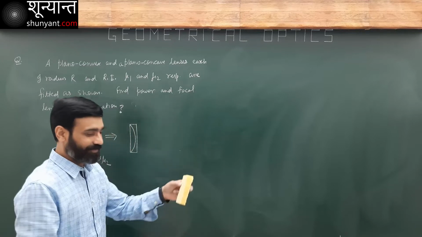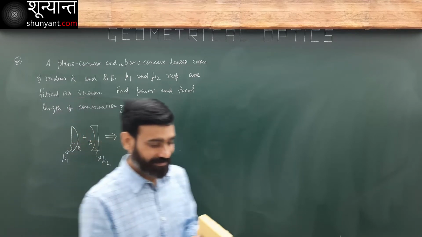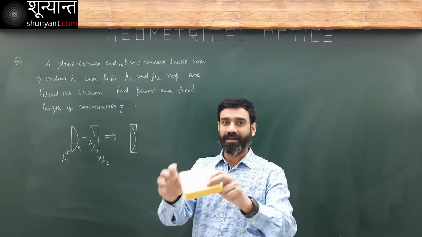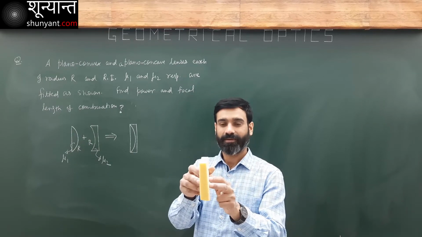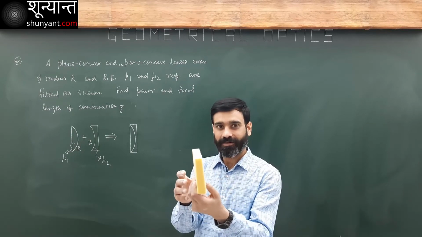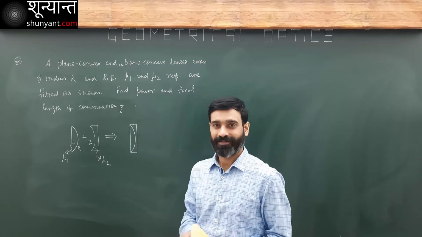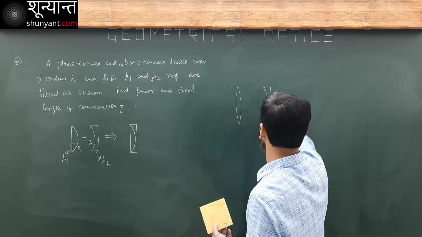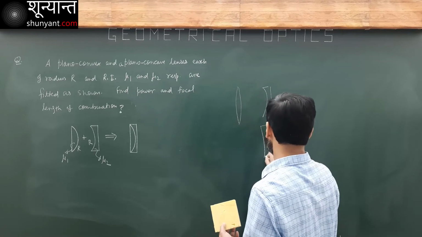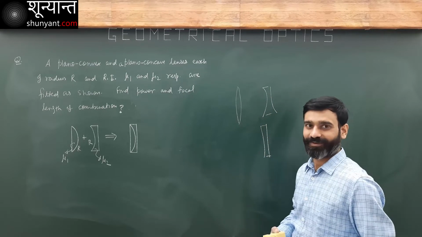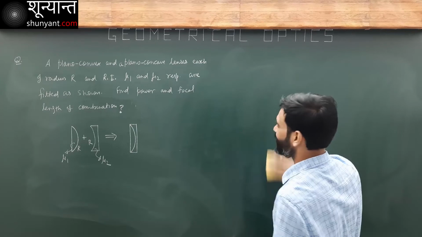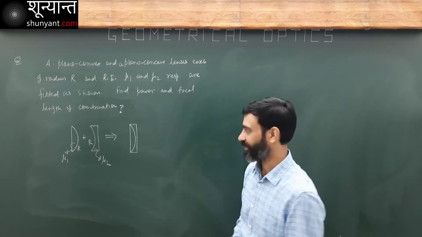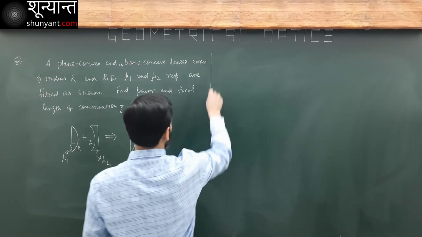Can you imagine this? I have this glass slab, and it acts like a lens. You see, a lens does not have to look like this. Even this can be my lens. Let's see how. Try to figure out the focal length of this combination. It should not be difficult.